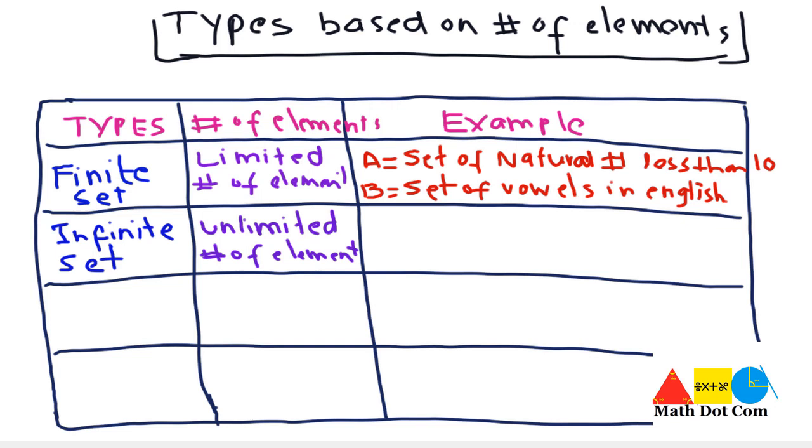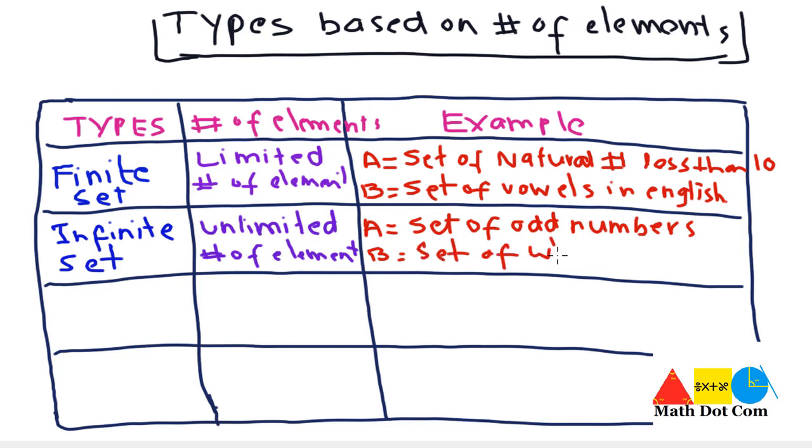Let's see sets that have an unlimited number of elements. A is equal to the set of odd numbers. Odd numbers are 1, 3, 5, 7, 9, 11 and so on. There are unlimited odd numbers in mathematics.